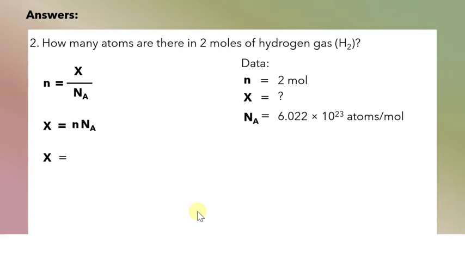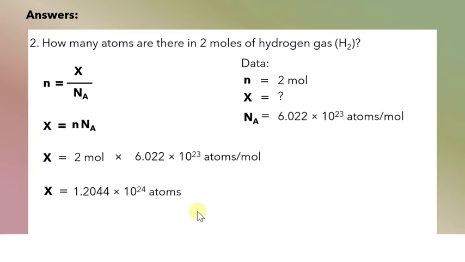So say X is equal to number of moles, 2 moles, times Avogadro's number, 6.022 times 10 to the power 23 atoms per mole, which will give us 1.2044 times 10 to the power 24 atoms. Now, since our value here has no decimal number, this one can be rounded off, and the answer is 1 times 10 to the power 24 atoms.